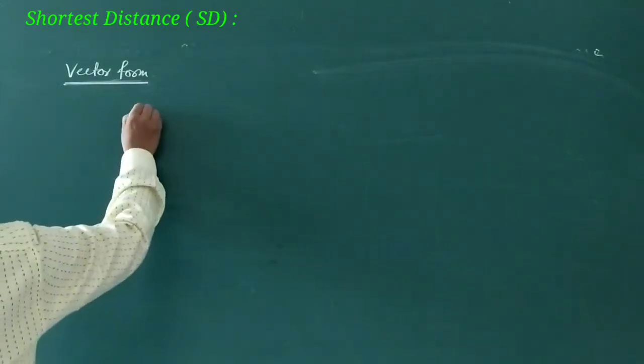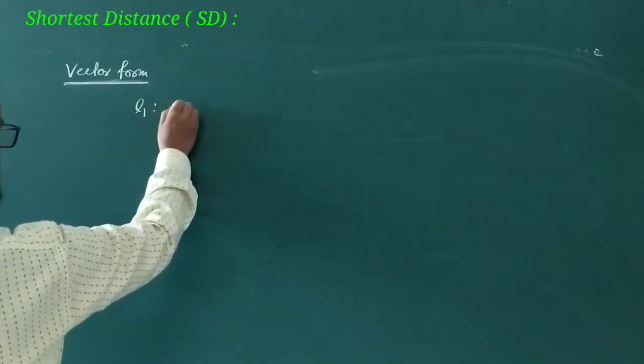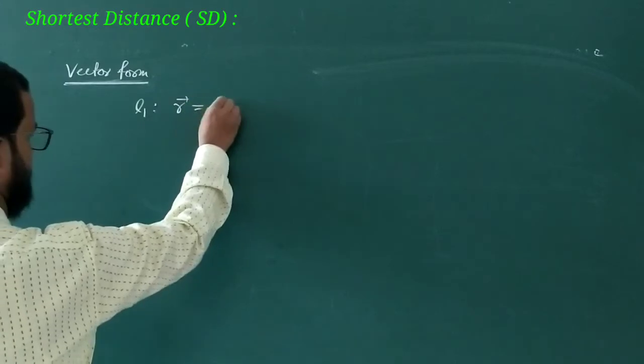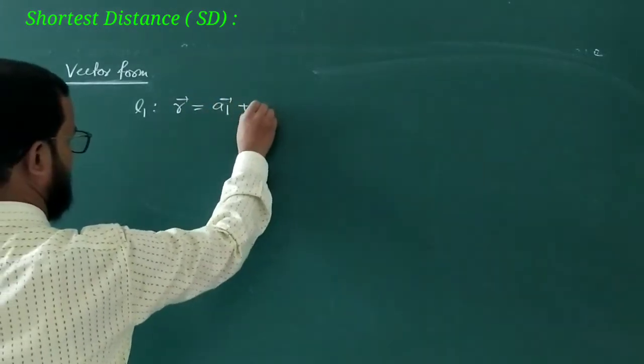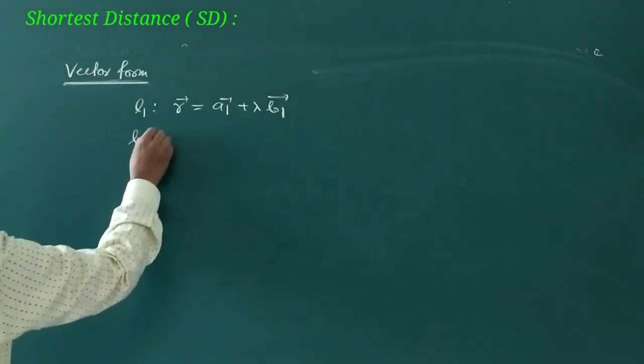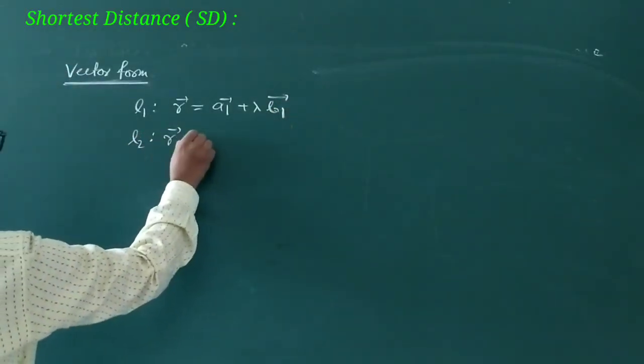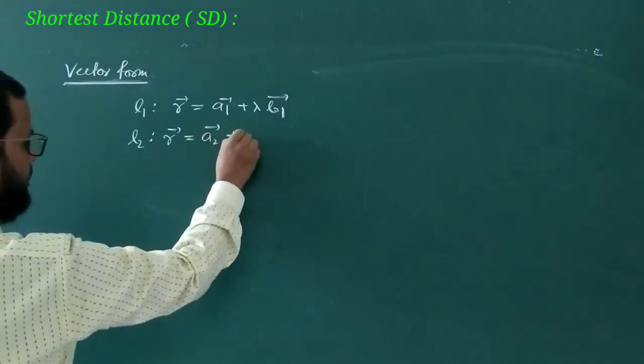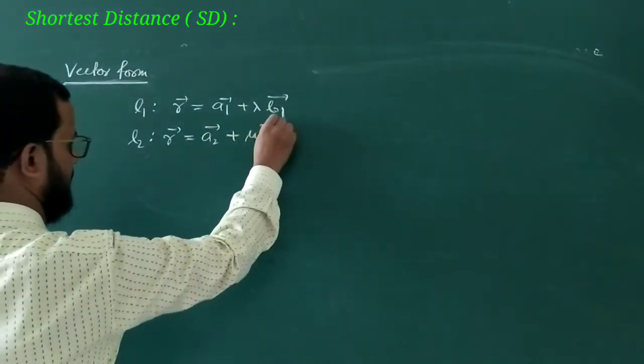Suppose a line L1 has the equation r vector equal to a1 vector plus lambda into b1 vector. Another line is L2 which is r vector equal to a2 vector plus mu into b2 vector.